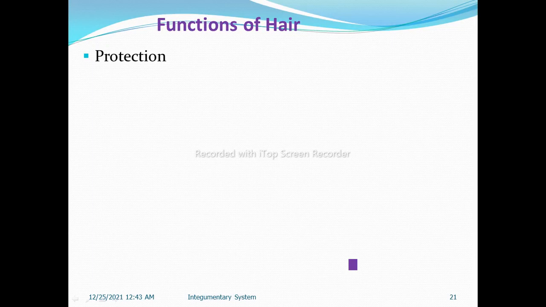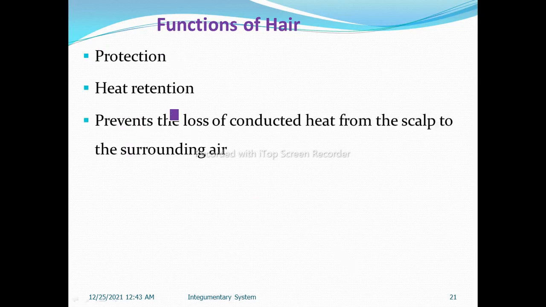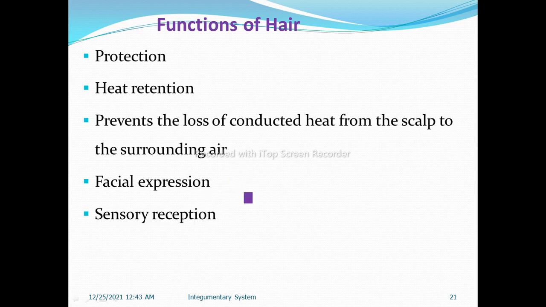The other is the function of hair. Hair is used for protection. The other is heat retention. It prevents loss of conducted heat from the scalp to the surroundings. The other is facial expression. Our hair shape and hair appearance are considered part of facial expression.